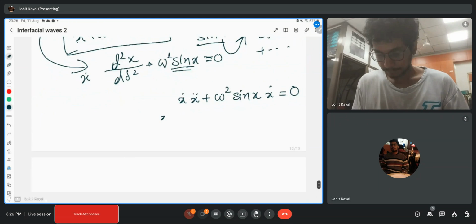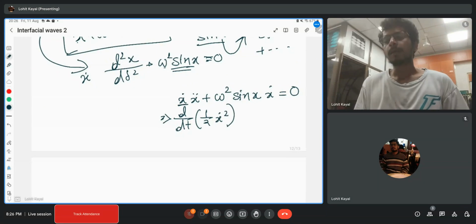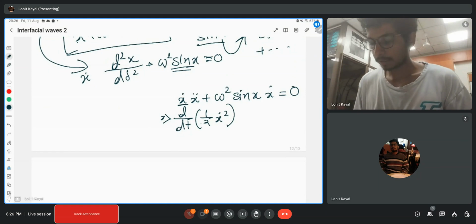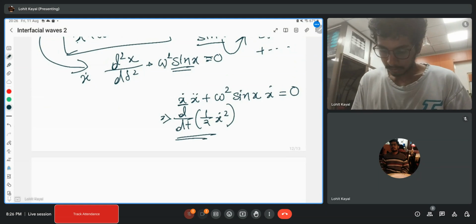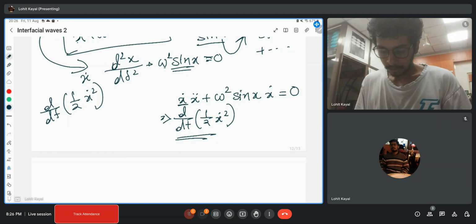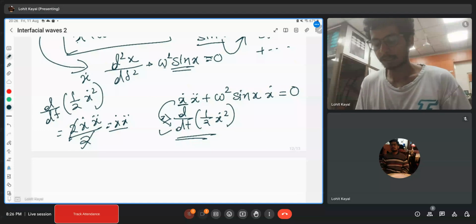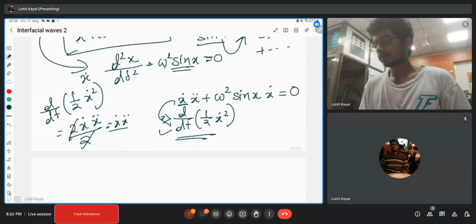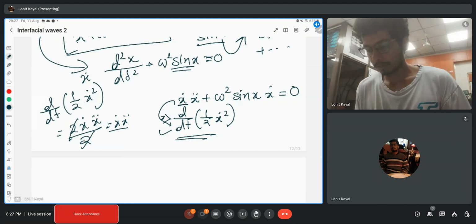Just check this term, x dot x double dot. Can I write it in this way? So let's verify. d dt of half x dot square. x dot is itself dx dt. Okay. So it will be 2 x dot multiplied by x double dot divided by 2. So it will be x dot x double dot. So this is correct.